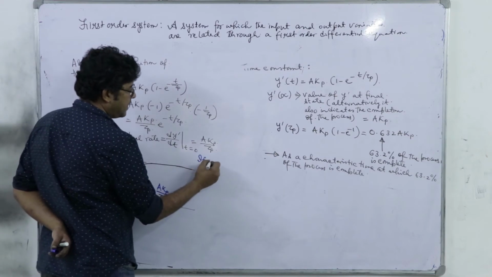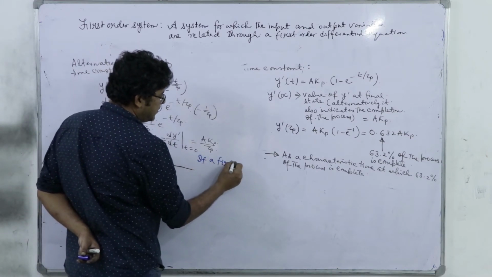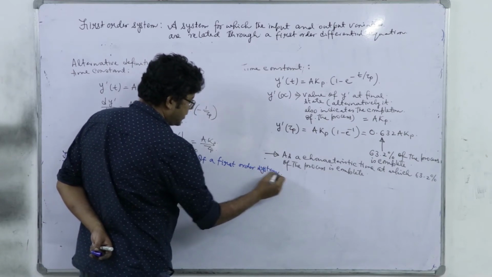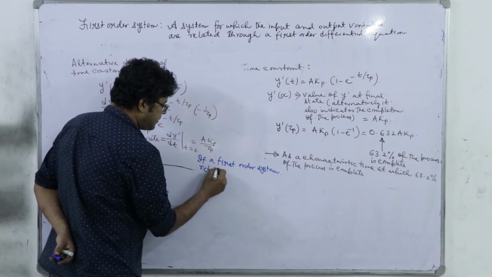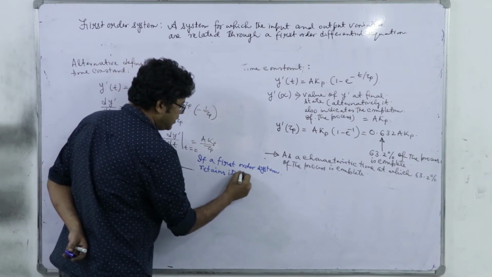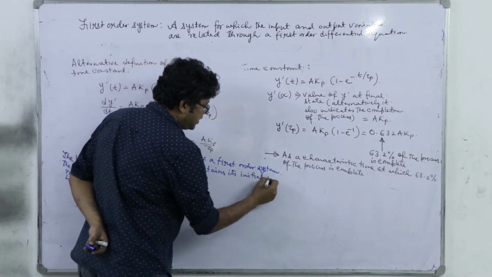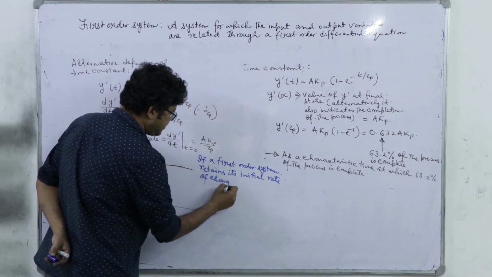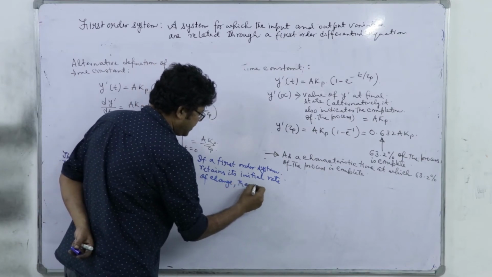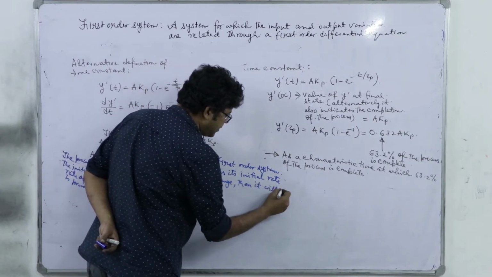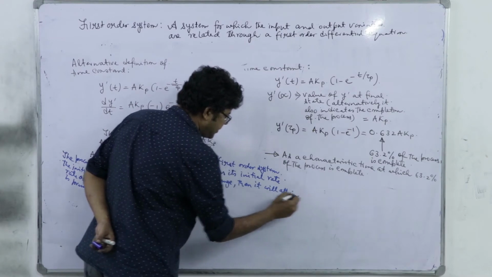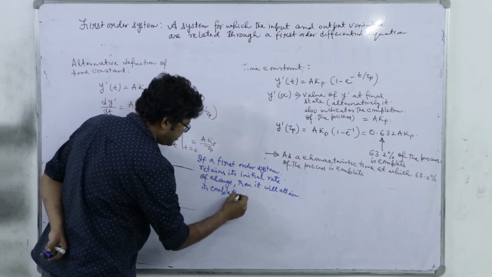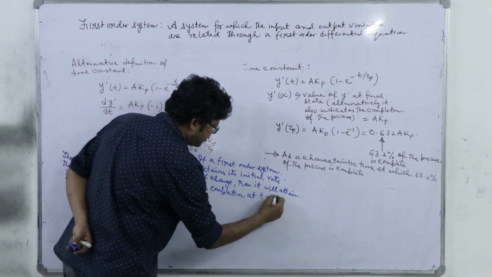If a first order system retains its initial rate of change, then it will attain its completion at t equal to tau p.